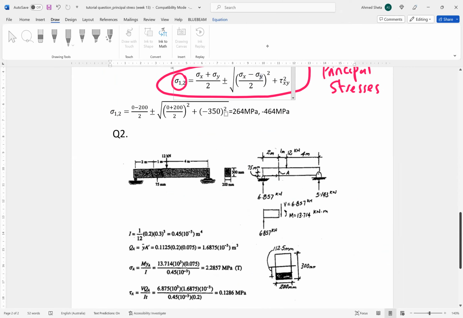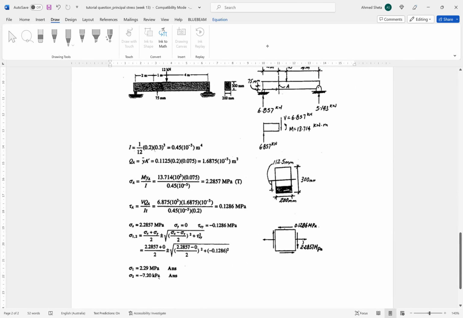Okay, the answers are correct. If you have a look here, this is our sigma x, this is our tau xy, and these are the two values: 2.2129 MPa and negative 7.2 kPa, because kPa is very small compared to MPa. So this is a similar answer to what we got here.